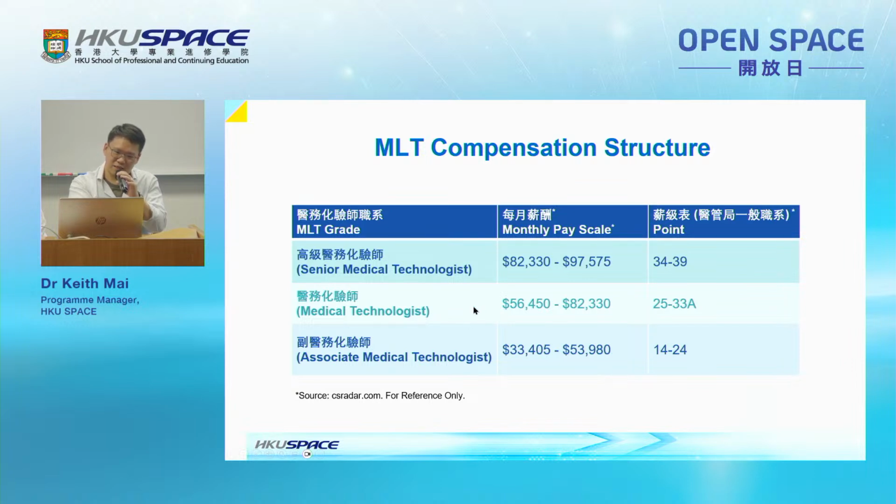Whereas the medical technologist can go from 50,000 to around 80,000. And then the senior technologist can go from 80,000 to around 100,000 now. So as you can see, I think it's quite a lucrative field for medical technologists.